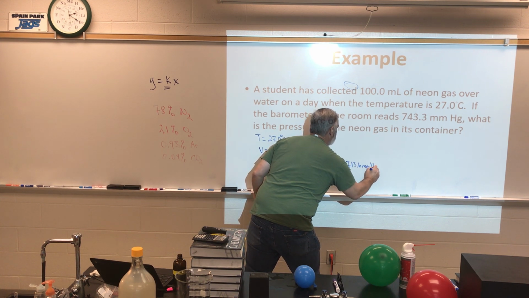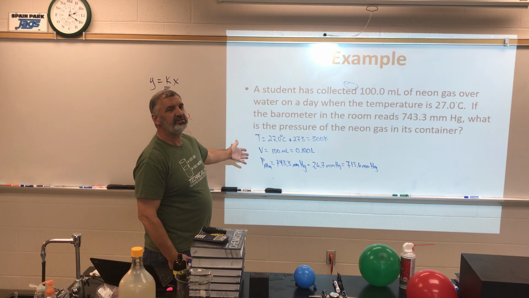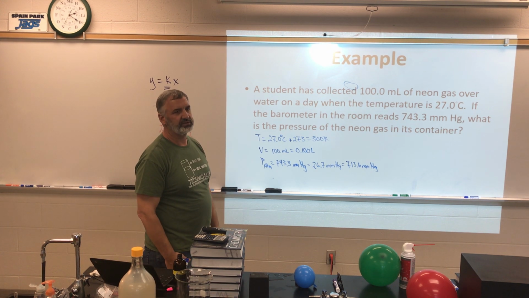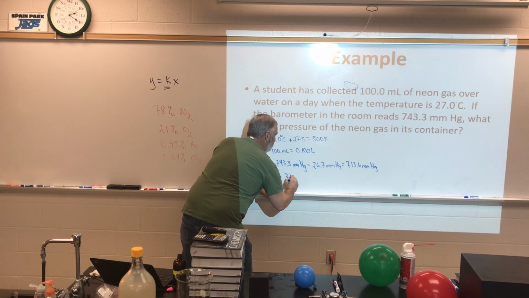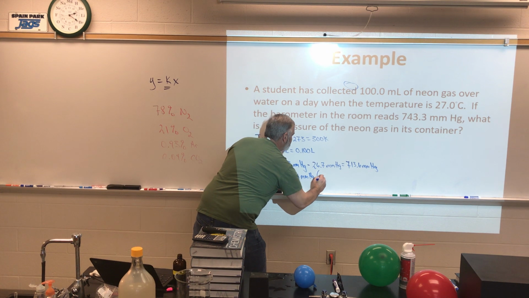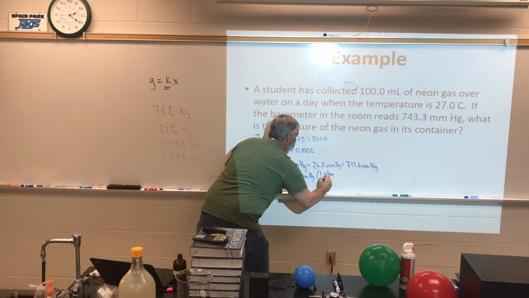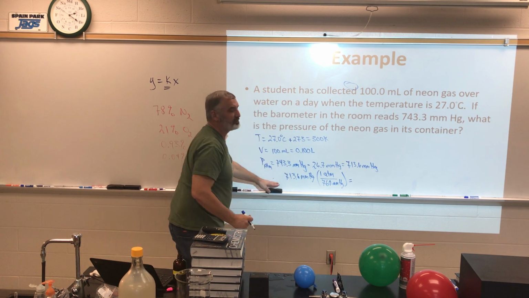millimeters of mercury. But what unit does pressure have to be in to use the ideal gas law? Ding, ding, ding. Atmospheres. So we're going to go 713.6 millimeters of mercury times 1 atmosphere over 760 millimeters of mercury. That's going to give me my pressure.